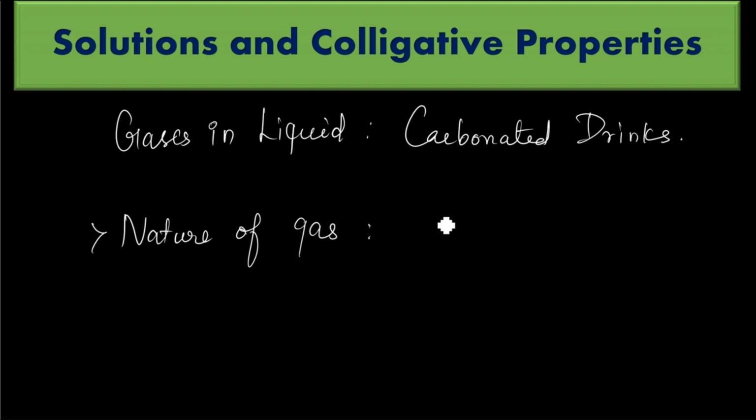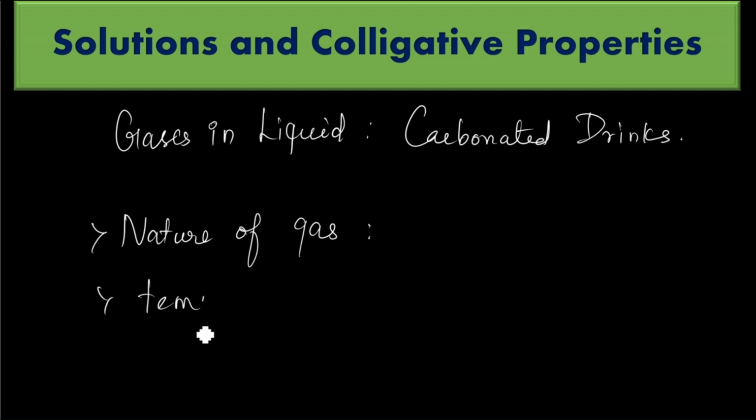In contrast, oxygen, nitrogen, helium, and argon are sparingly soluble gases which don't react with water chemically. Those that react with the solvent dissolve easily. That is the nature of the gas.